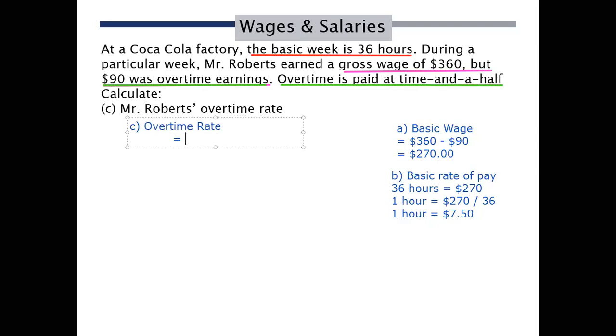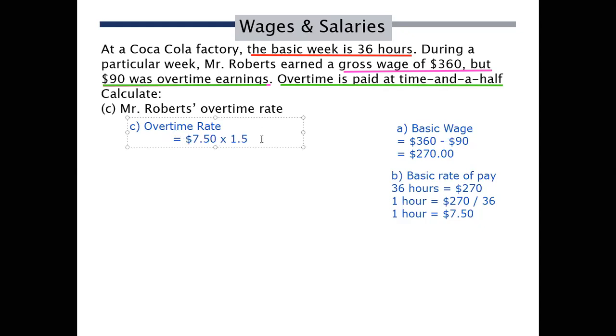All right, overtime rate. Since he made $90 of overtime, no, I'm sorry. Not the $90. What we do know is that 1 hour is equal to $7.50. And so his overtime rate is going to be $7.50 multiplied by 1.5, since I'm told that his overtime is calculated at time and a half.